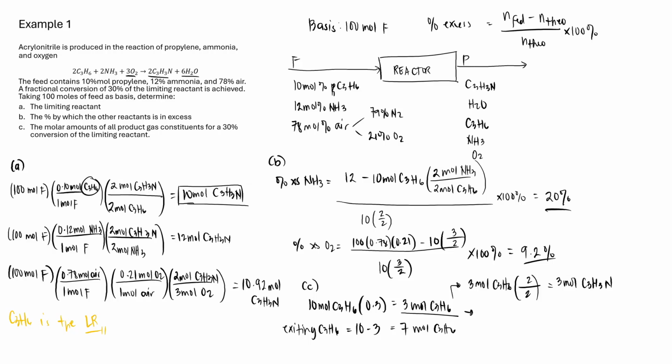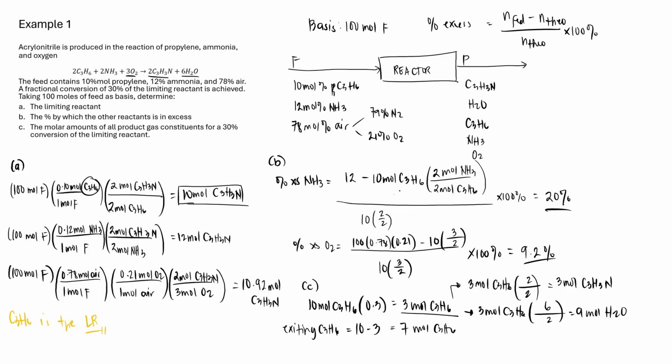And for water, based on the equation, you'd need 2 moles of C3H6 to produce 6 moles of water. So that's 3 times 3, 9 moles H2O.